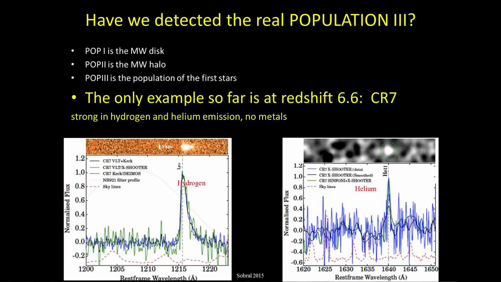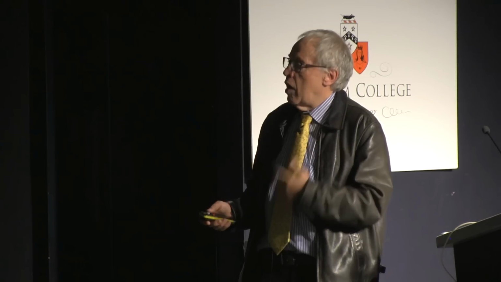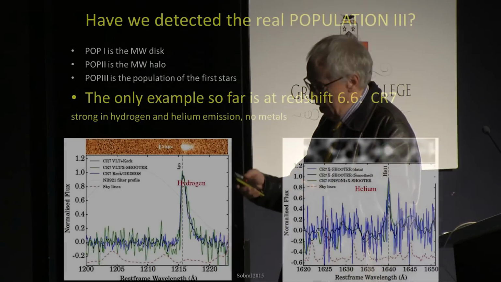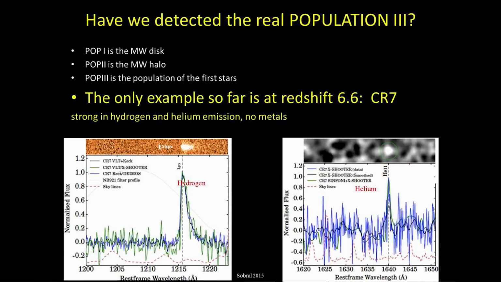And the weird thing about this galaxy, found with the latest telescopes, is that it has very strong emission lines in hydrogen and helium, which are much stronger than any metal line, anything due to metals. This is thought to be a unique signature of the first stars when there were no metals present yet. And there may have been a few made by the odd explosion. So this is a galaxy, and this is a picture of it.